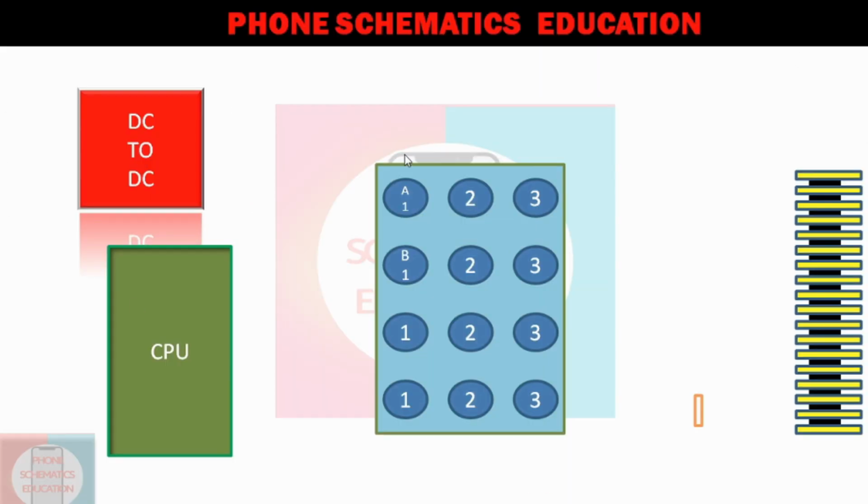So you can better understand. Now in front of you there is a diagram. Now there is a DC to DC IC, RPMI, right? CPU in a green color, display connector, yellow, gold and black lines, right? So this is our light IC. In your motherboard, this is a little tiny IC, but in this diagram I will draw a bigger IC because there are a lot of lines, basically 12 lines.